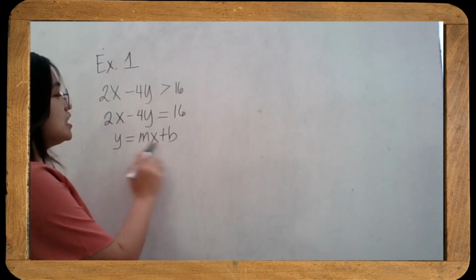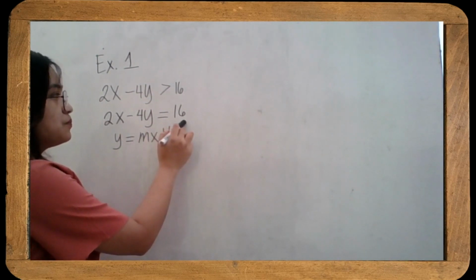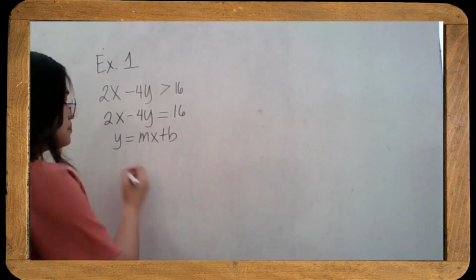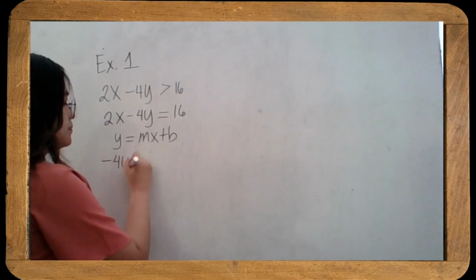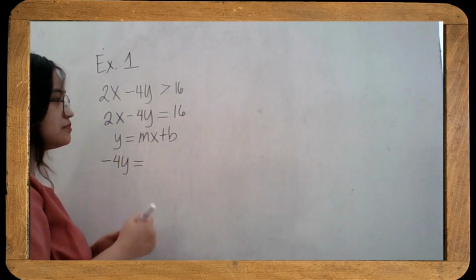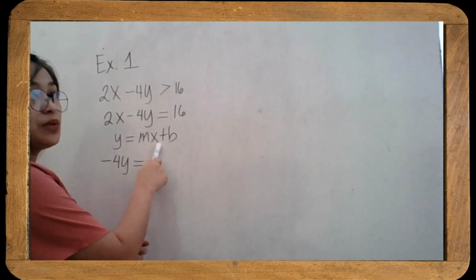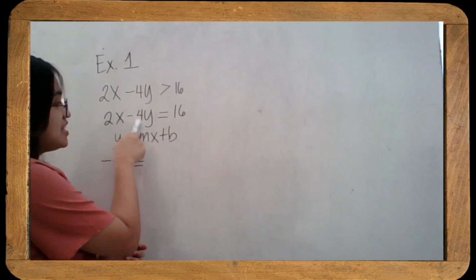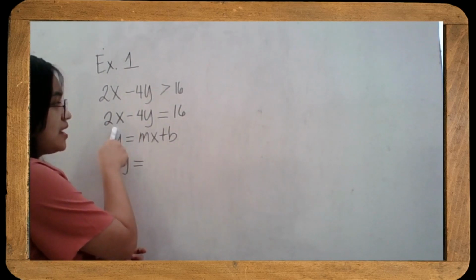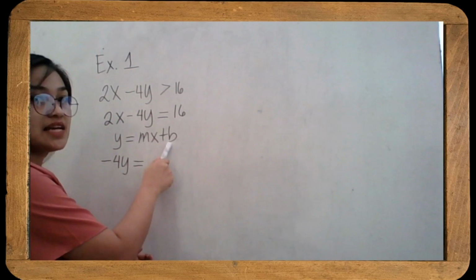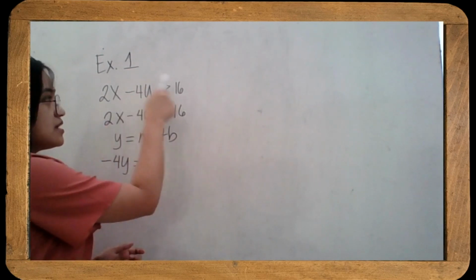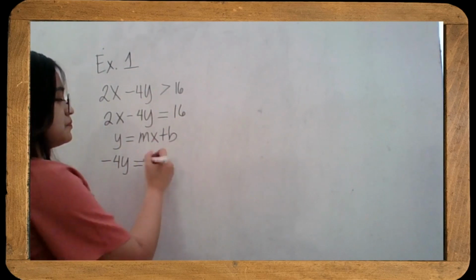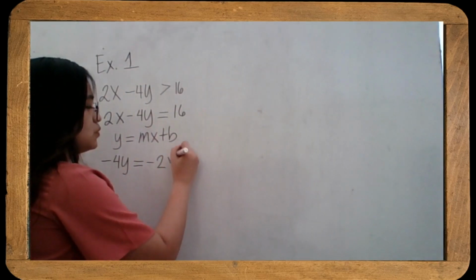So, hanapin natin si y sa inequality na ito. That means we have negative 4y equals mx, that means yung may variable x. Alin ba dito? Si 2x. Eh, nasa left side siya ng equal sign. Dapat daw ay nasa right side. So, ilipat natin si 2x sa kabilang side, magiging negative 2x.